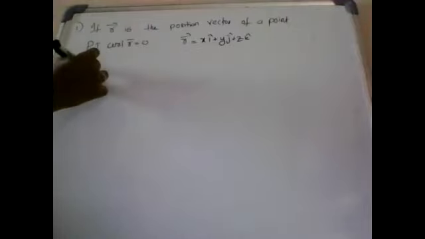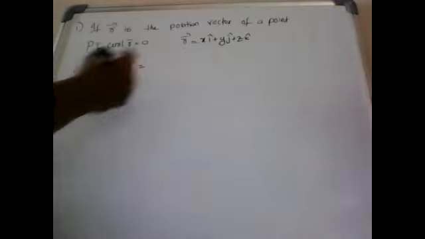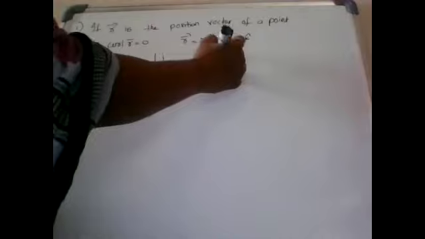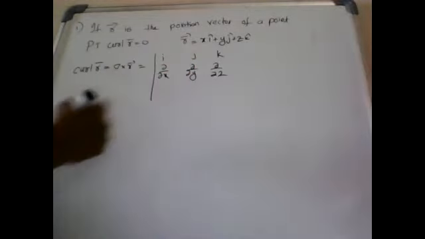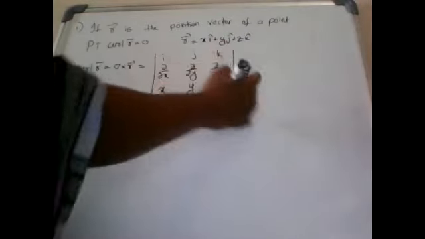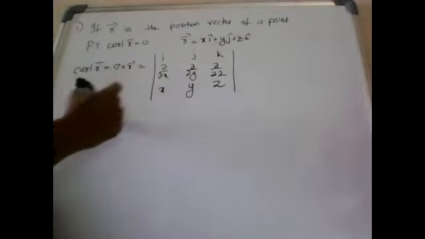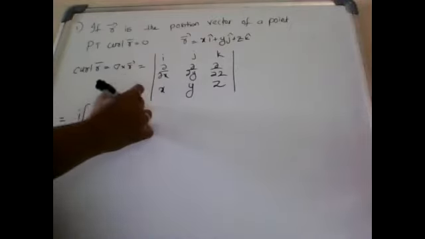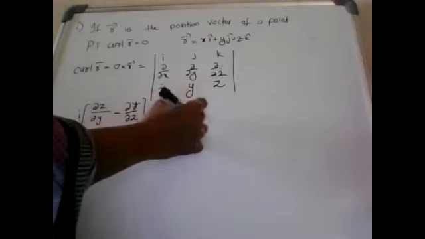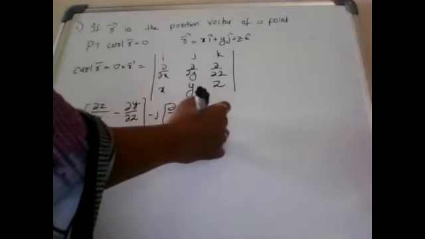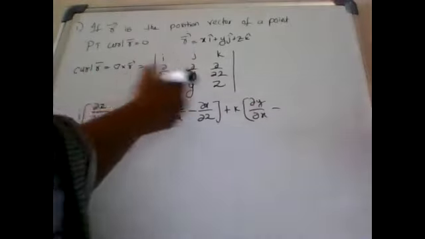Now curl r bar, del cross r bar, equals the determinant of i, j, k, dou by dou x, dou by dou y, dou by dou z, and x, y, z. i into dou z by dou y minus dou y by dou z, minus j into dou z by dou x minus dou x by dou z, plus k into dou y by dou x minus dou x by dou y.